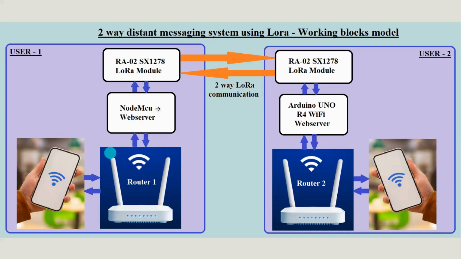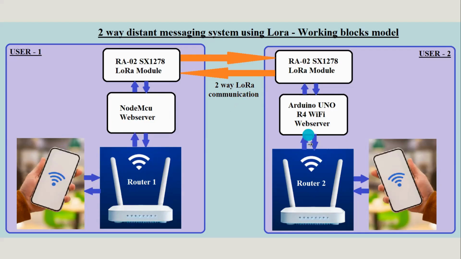So here the Node MCU web server gives an IP address to connect to it, and it is connected to the router, so that the mobile phone also gets connected to the router. Using the web server IP address, the user will be able to access the web page of the web server, using which he will be able to convey and receive messages.